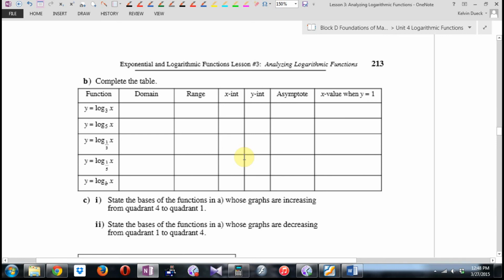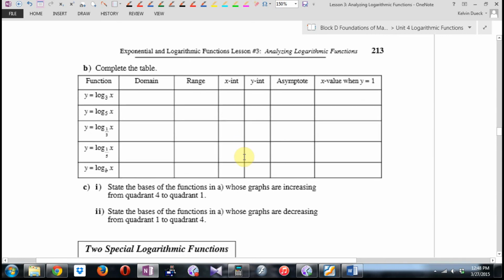Complete the table, it says. You'll notice right here is where things change. We have bases bigger than 1 or fractional bases.